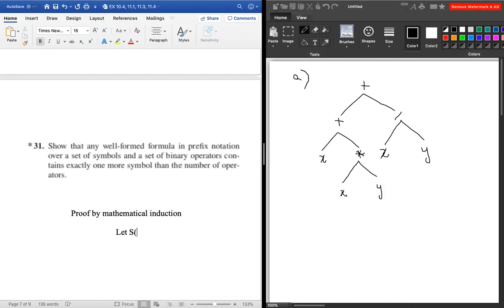So again, just like every time, we will assume some function and then we will write what it represents.